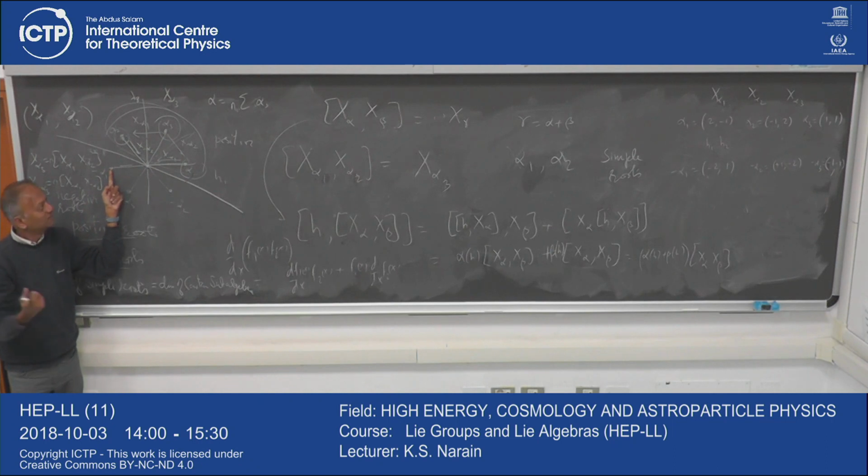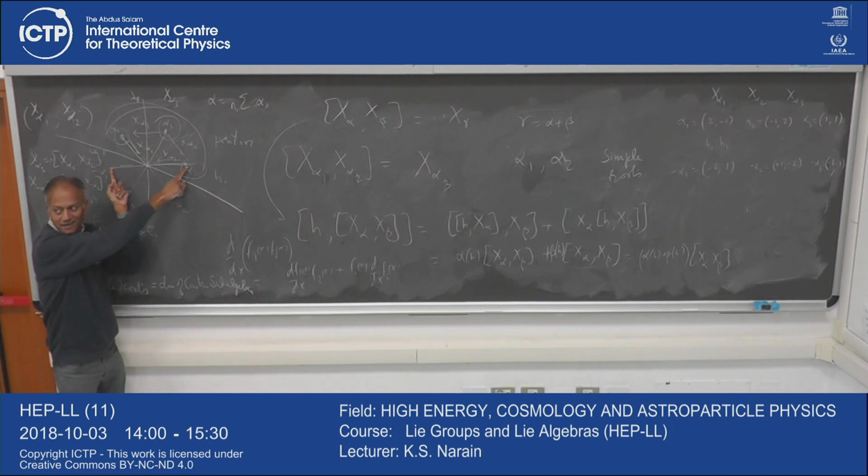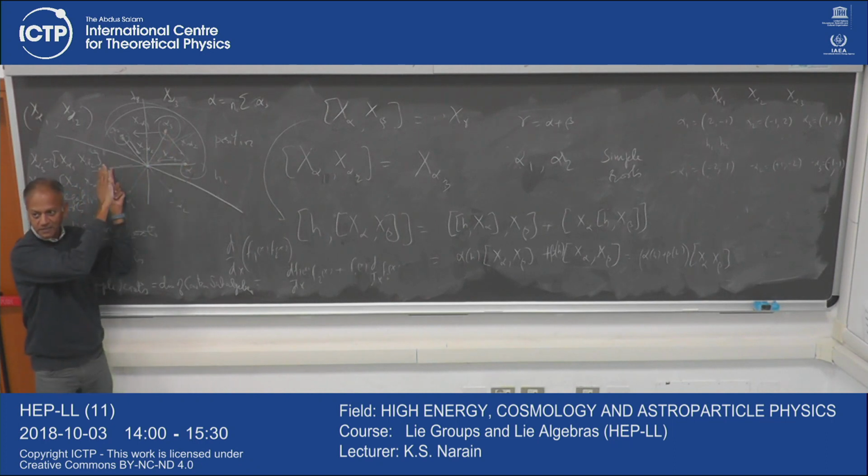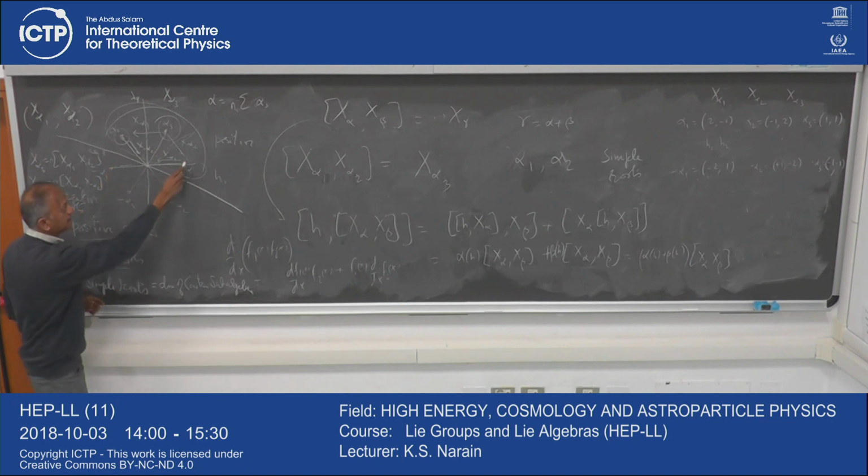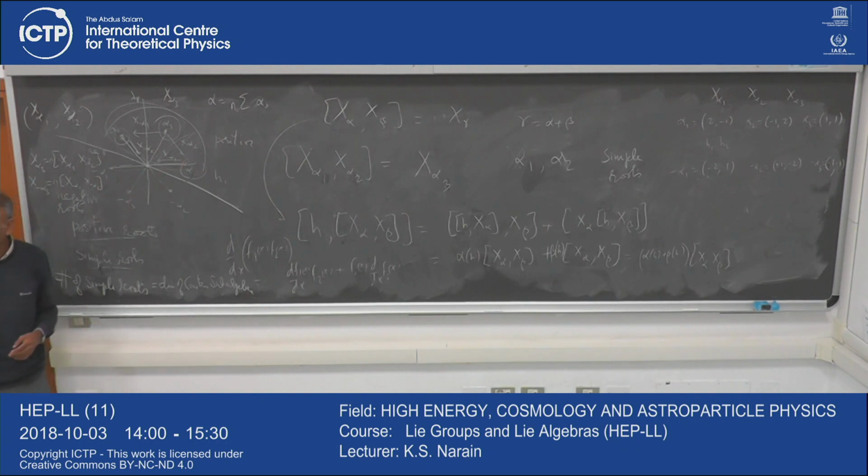Why can it not be 2? Because this state is only 1. There's only one way of arriving here from the highest weight. And by this reflection symmetry, if there is one state here, there can only be one state here. Another way to say it is that under this SU2 representation, it's not possible that there are 2 states here and one state there.